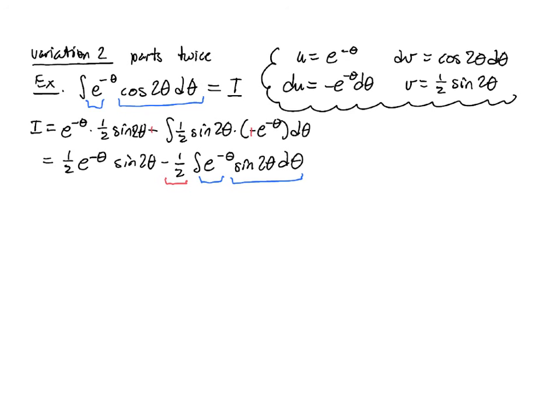Up above in the first integration by parts, we didn't have such a good choice, and there was no obvious good choice to make, so we just picked this for our u. And what we want to do at the next step is to make the same choice of u. So u is going to be e to the minus theta, and dv is sine 2 theta d theta, because it has to be.